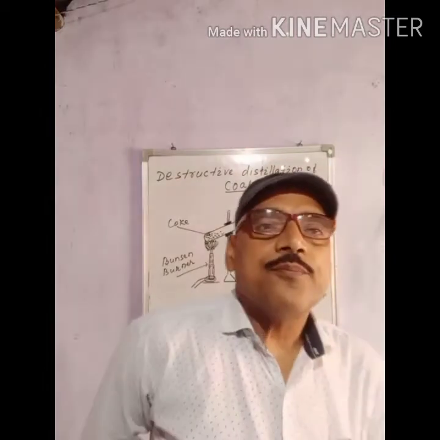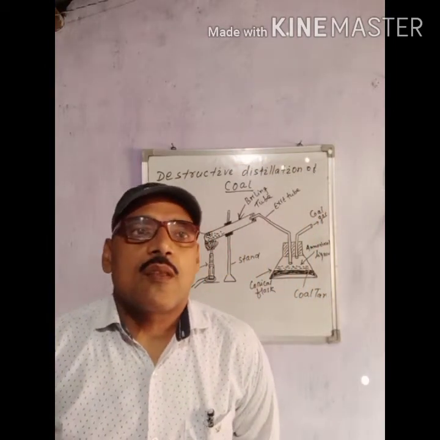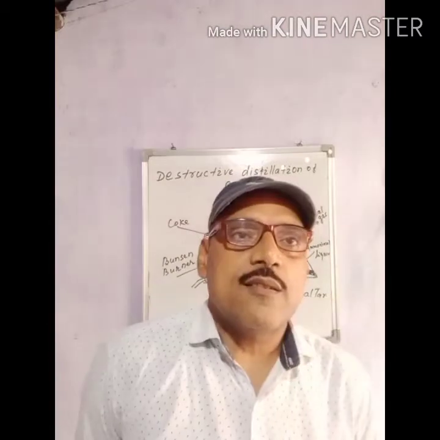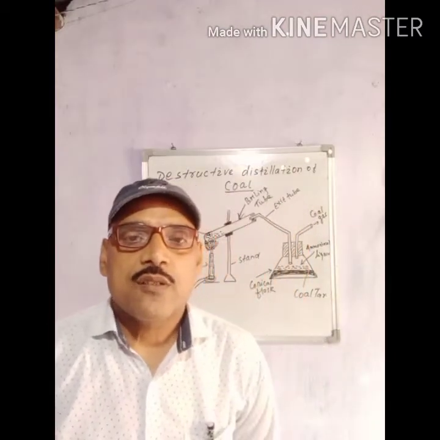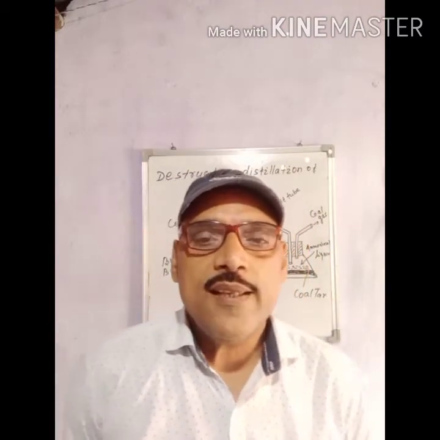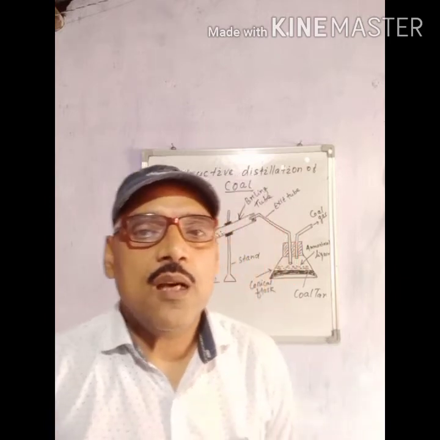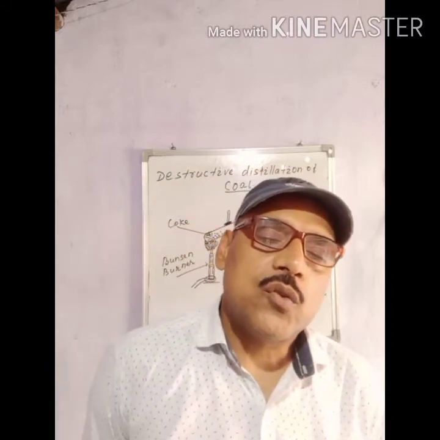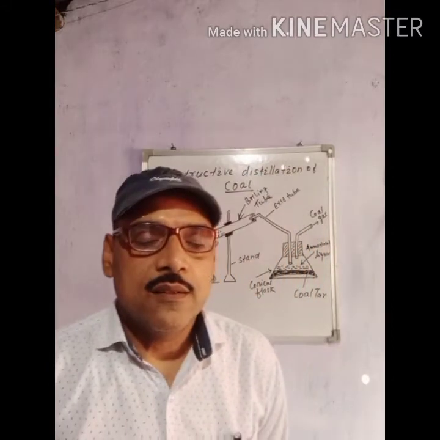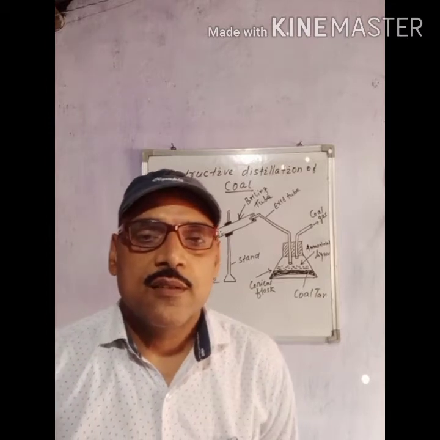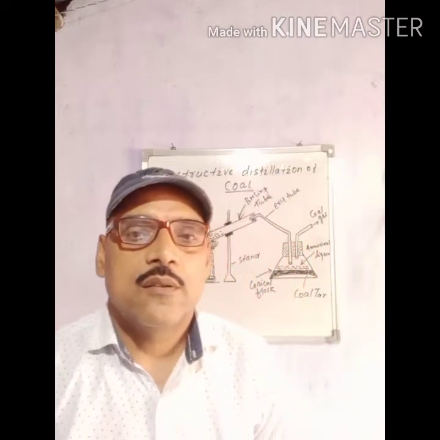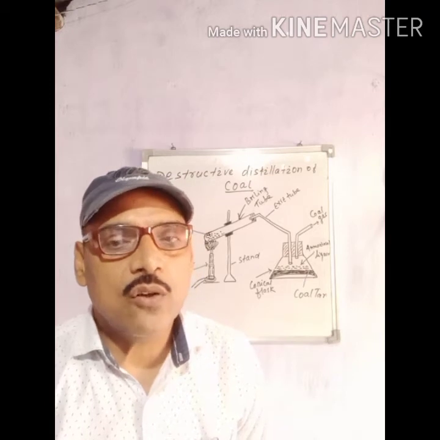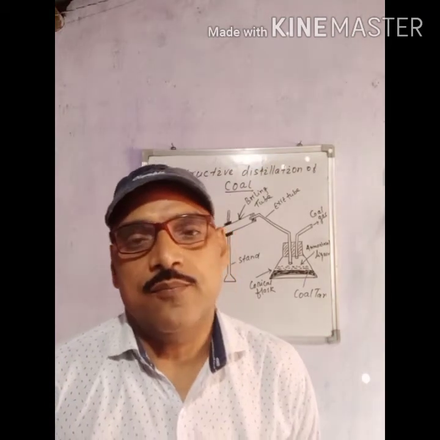My dear students, the process by which coal is strongly heated in absence of air to get useful products like coke, coal tar, ammoniacal liquid and coal gas is called destructive distillation.